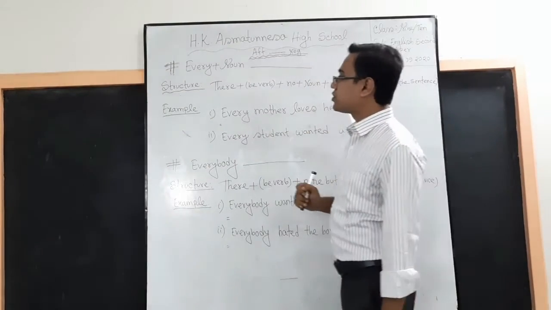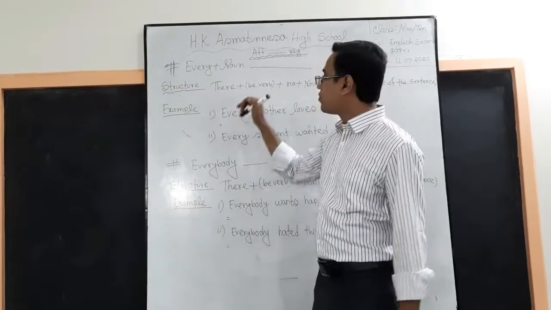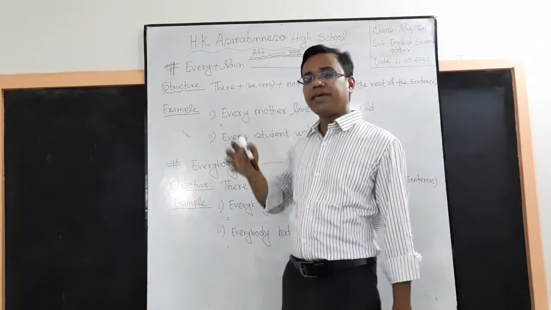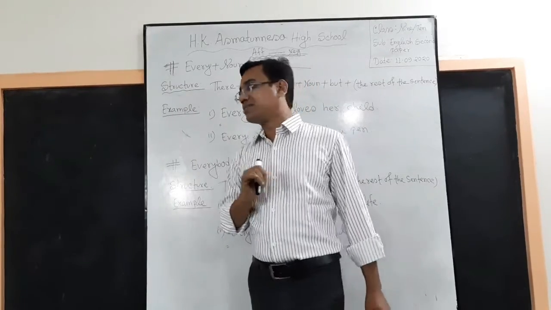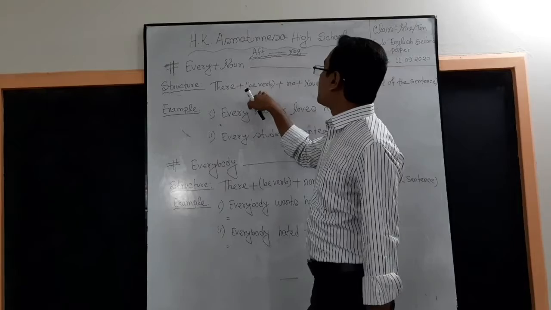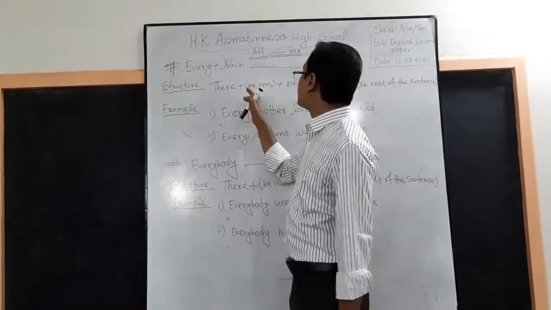The structure will be, first of all, we will write there. Then we will write the appropriate be verb, maybe am, is, are. Basically, it will be is or was. So we will write according to the tense of the sentence.